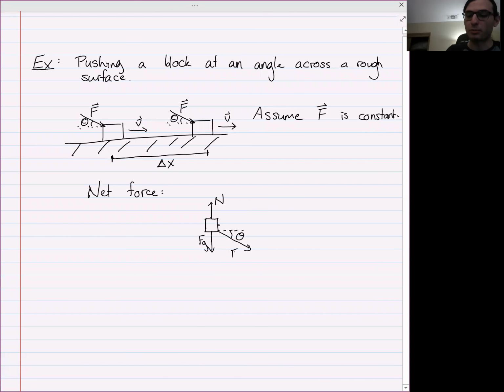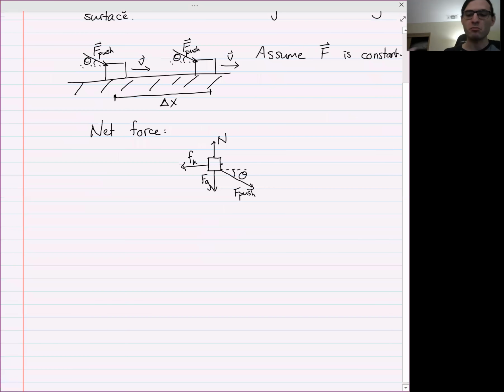That's just the force that we're applying. I'm going to call this F push, just so it has a name, with magnitude F push. And then we also know that there's going to be a kinetic frictional force to the left. It's a rough surface, so there would be friction, and because it's already moving, we're assuming it starts out moving. It's kinetic friction, not static friction.